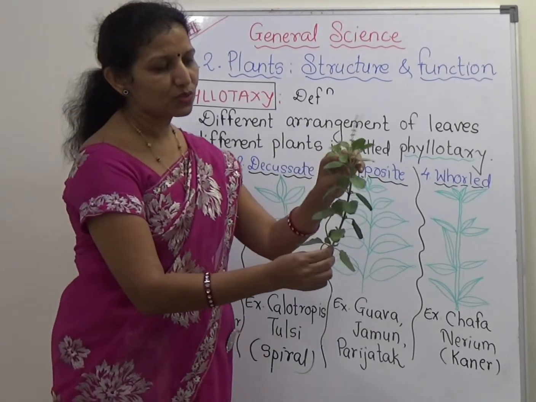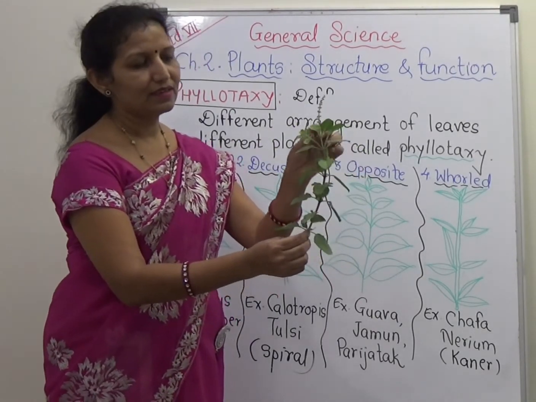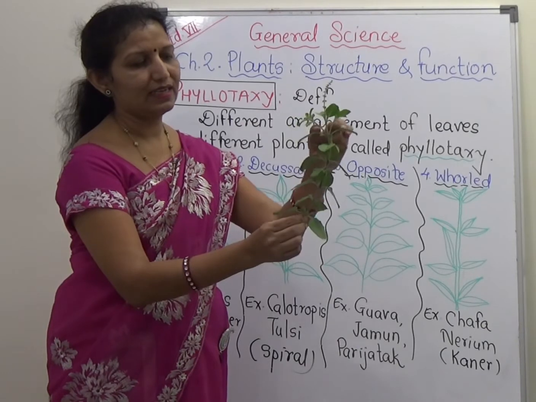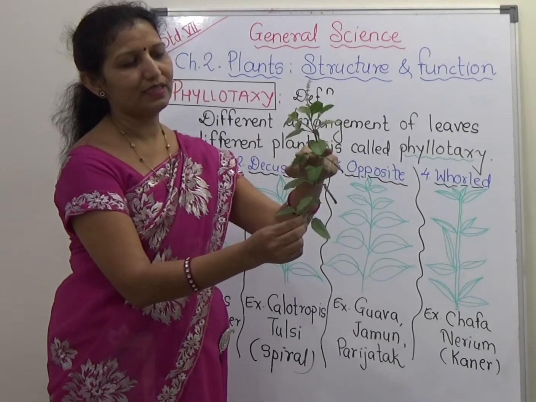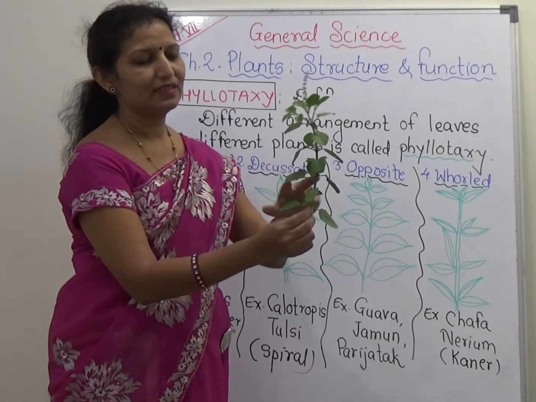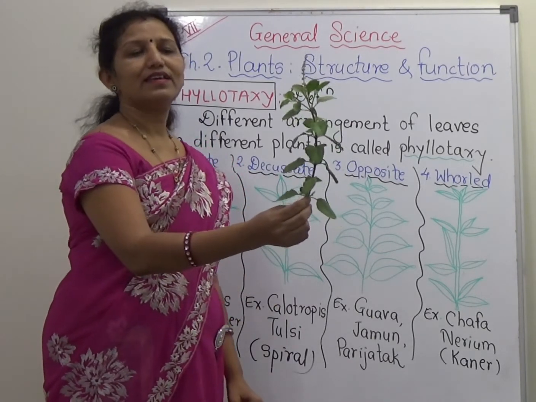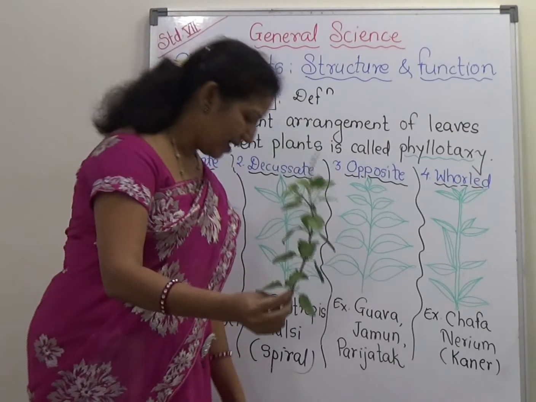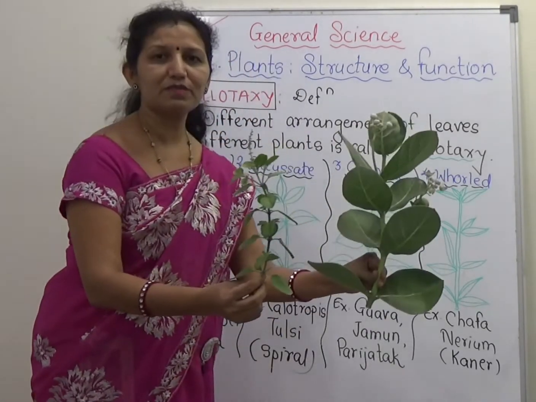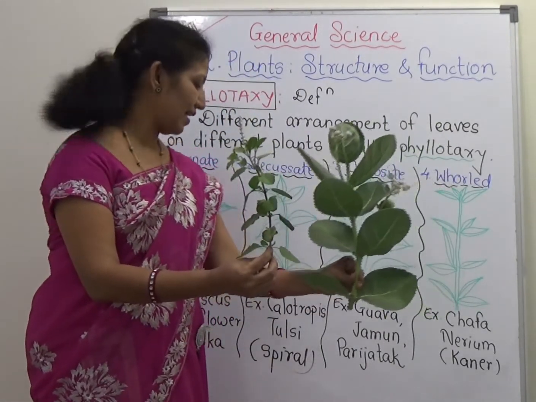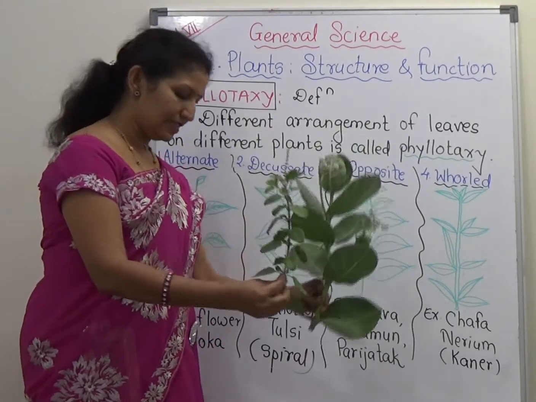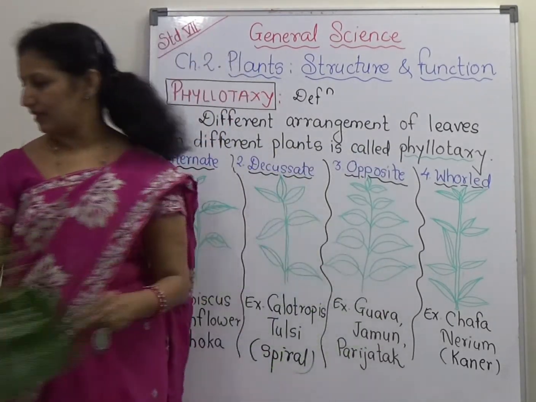Now, this tulsi plant is also having the decussate arrangement. See, east west, north south, east west, north south. Right angles are there. In this way, this is the tulsi plant and this is Calotropis plant. These two plants are having decussate phyllotaxy.